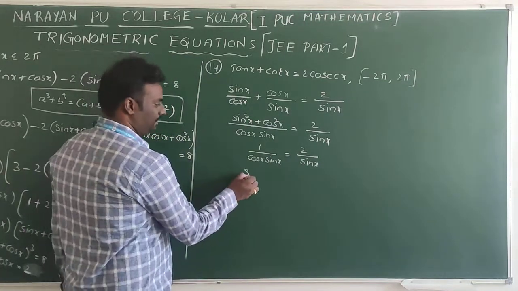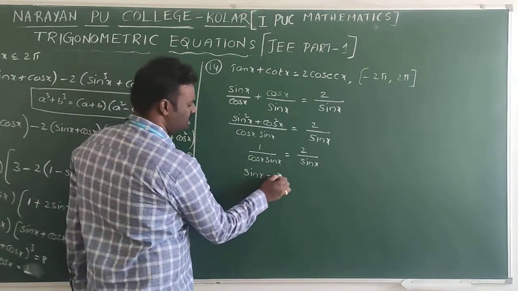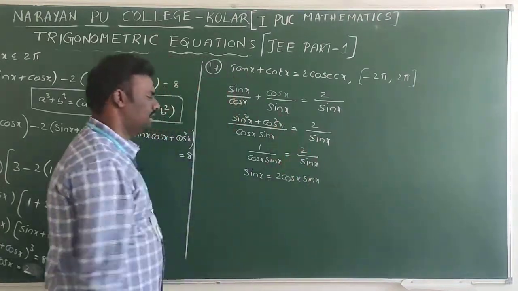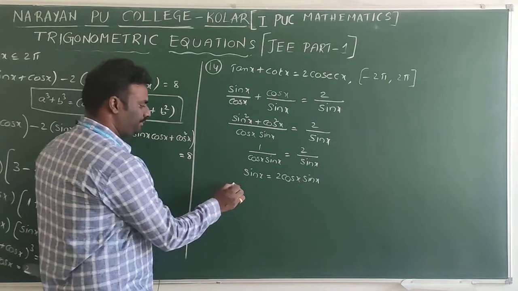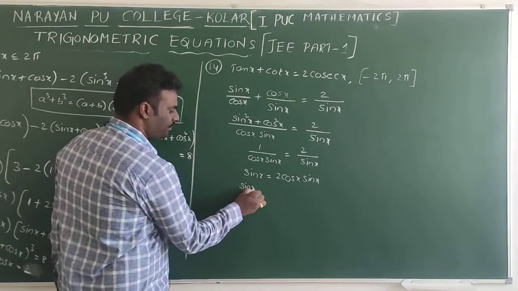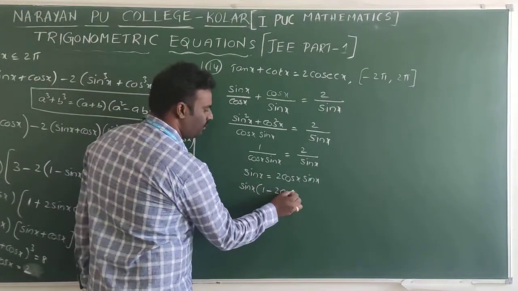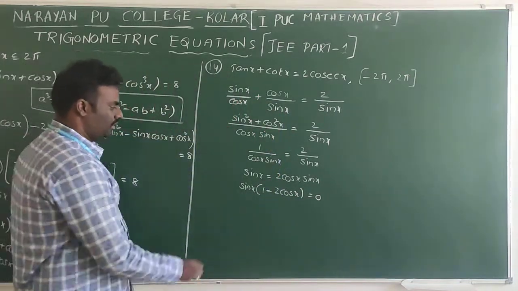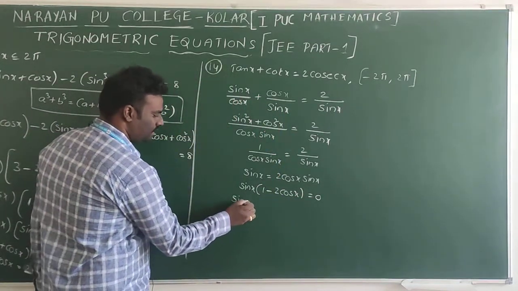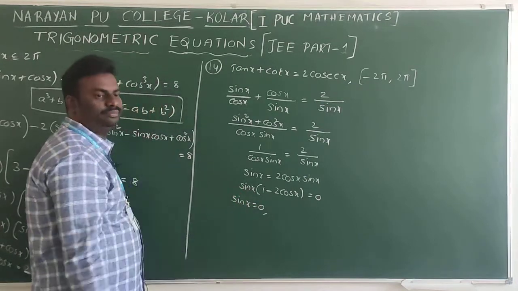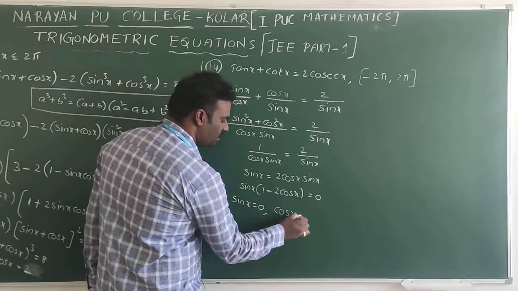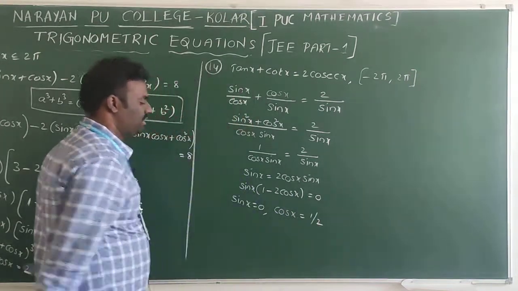Cross multiply: sin x is equal to 2 cos x sin x. I will take sin x common: sin x (1 minus 2 cos x) is equal to 0. Now we will get sin x is 0, and from this you will get cos x is 1 by 2.